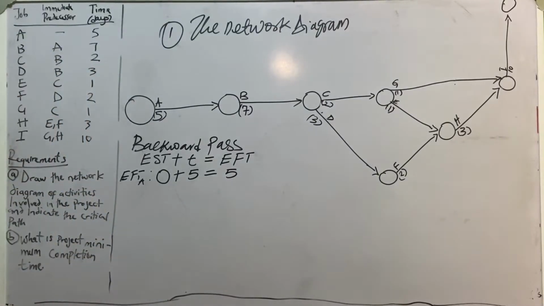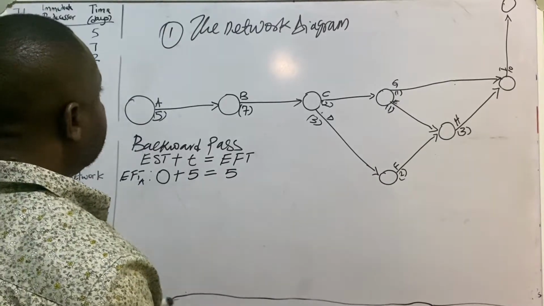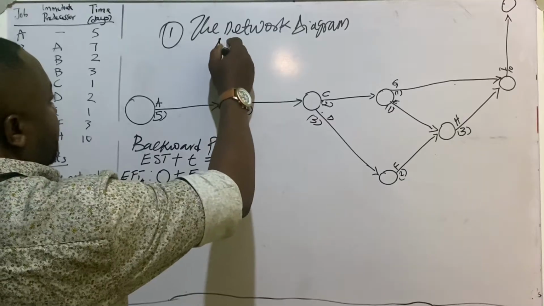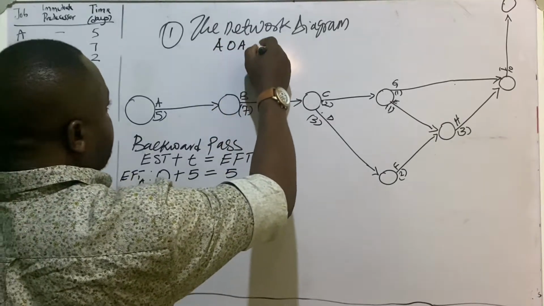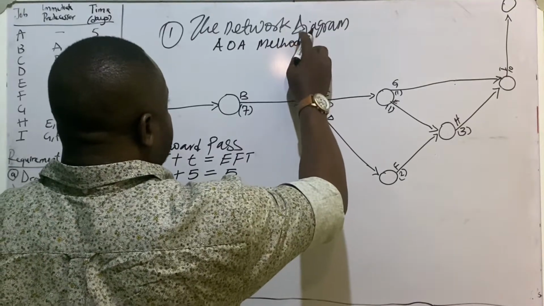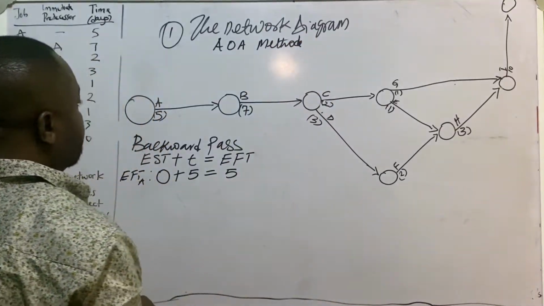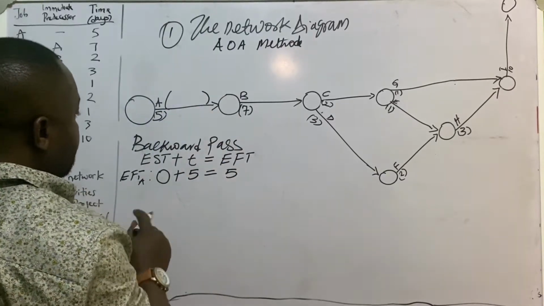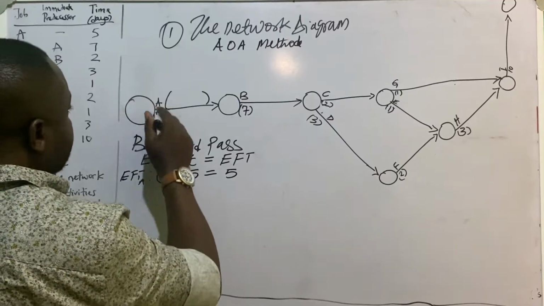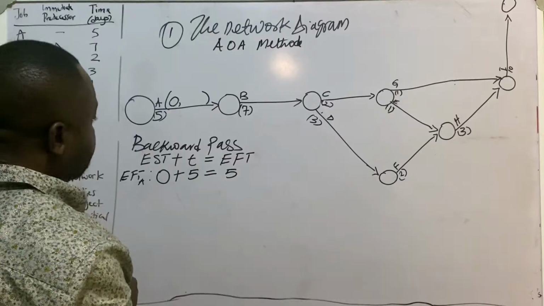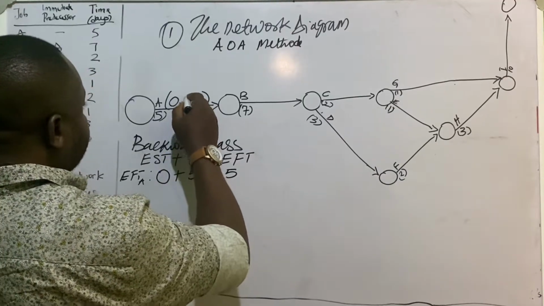As mentioned earlier, this method is called AOA, activity on arrow method. So we're going to be bringing that here on A. The earliest start time for activity A is 0 and the finish time is 5.